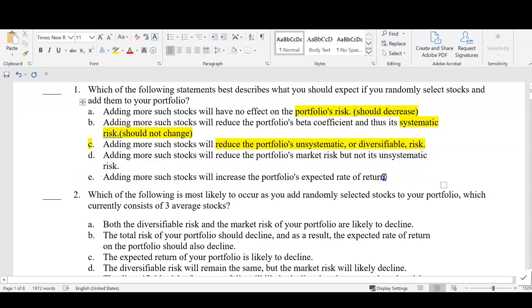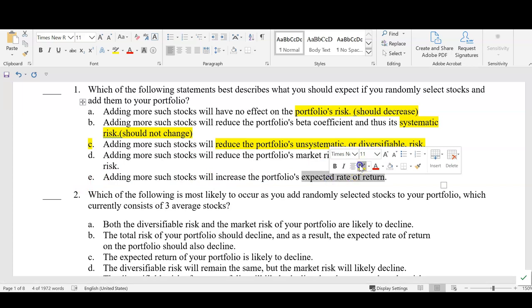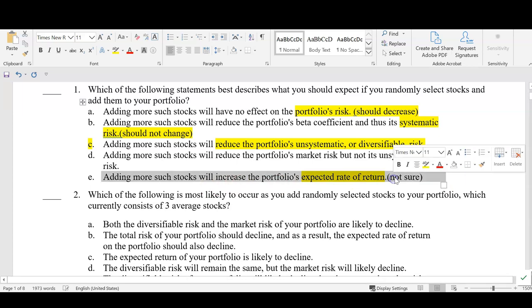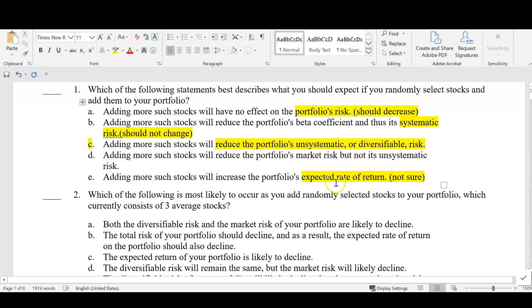Option E, expected rate of return. We are not sure what is going to happen. Okay, remember the expected return is the weighted average of all the stock returns.